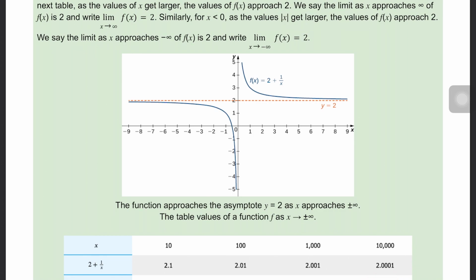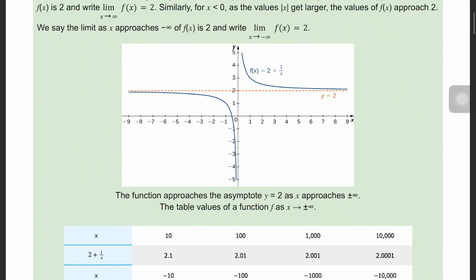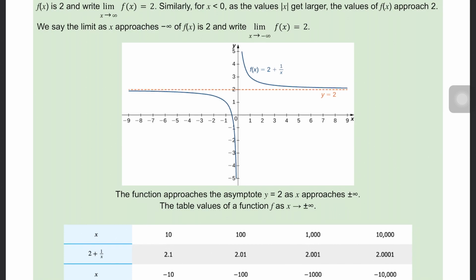So we've kind of seen this before in the earlier chapter. There is a value the function is approaching, whether it is going to the left or to the right. In other words, the function approaches the asymptote y equals 2. Remember that we measure y values up and down, so this is the y value of 2.